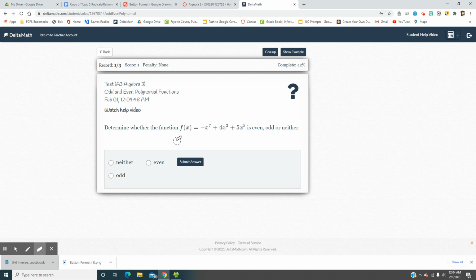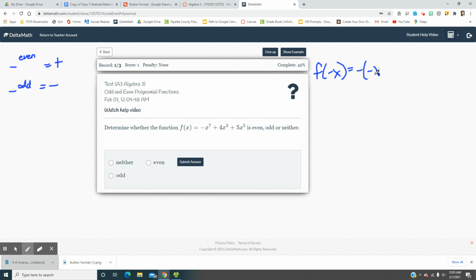Okay, got to determine if it's even, odd, or neither. When you're doing these, a negative to an even power is going to be positive, and a negative to an odd power is going to be negative, just for reference. All right, so here let's find f of negative x.